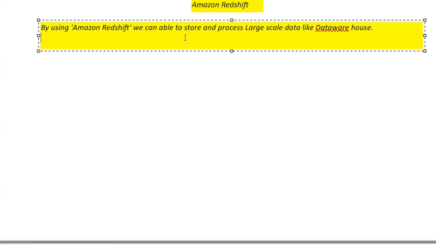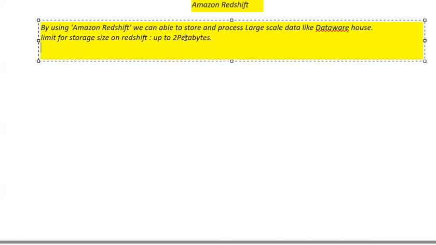Before that, let us note the limit for storage size on Redshift. This may be asked in certifications as well. The limit for your storage size will be up to 2 petabytes. You can remember it like this: up to petabytes you can store your data.